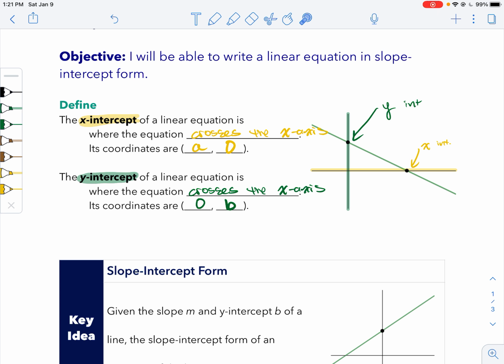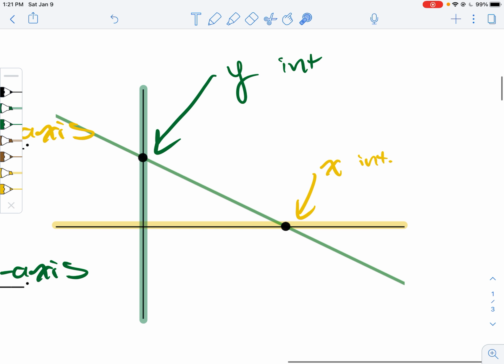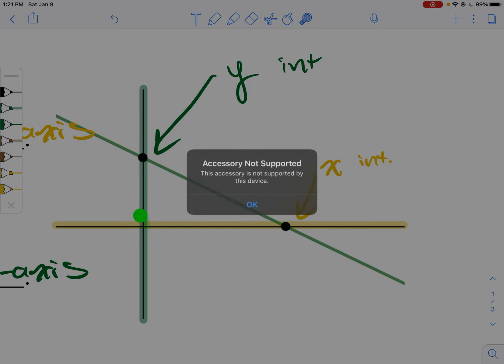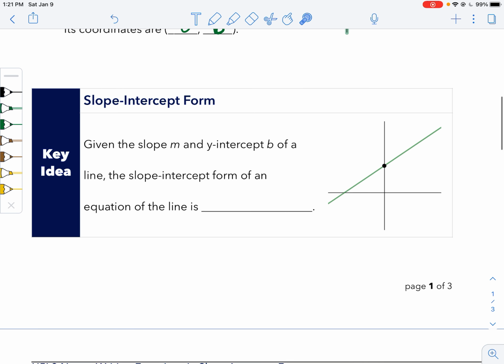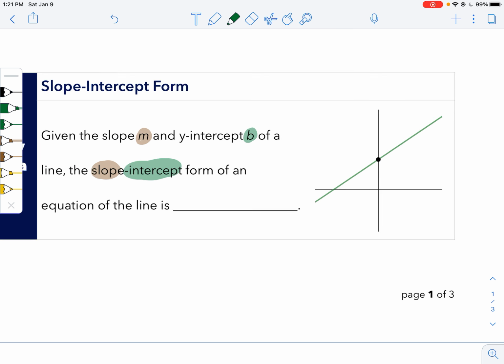So you can write the equation of any line as long as you know its slope and its y-intercept. We say that it starts here, it starts when x equals 0, and then the slope will say, well, how far up or how far down do we go? So as long as we know the slope, m, and the y-intercept, b, of a line, the slope-intercept form takes into account both the slope and the intercept, and you get the equation like this.